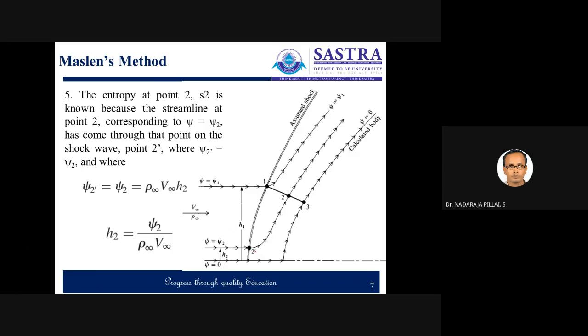So psi 2 dash is equal to psi 2. When we say psi 2 dash equal to psi 2, that is equal to rho infinity V infinity H2. So from that we can calculate H2, that is, H2 equals psi 2 by rho infinity V infinity, right?